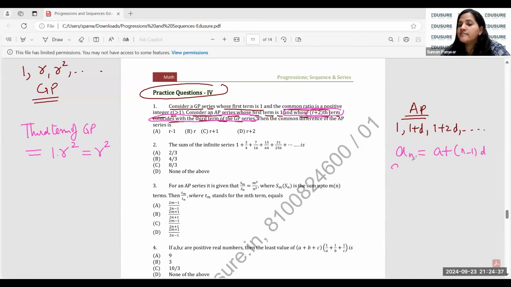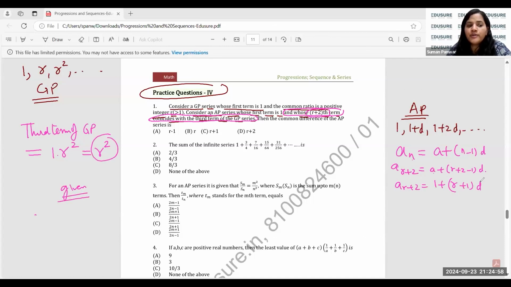So instead of n, we want r plus 2. So a_(r+2) is a plus (r plus 2 minus 1) d. Okay, so a_(r+2). Now what is a? 1. 1 plus (r plus 1) d. Now it is given that this r square should be equal to 1 plus (r plus 1) d.